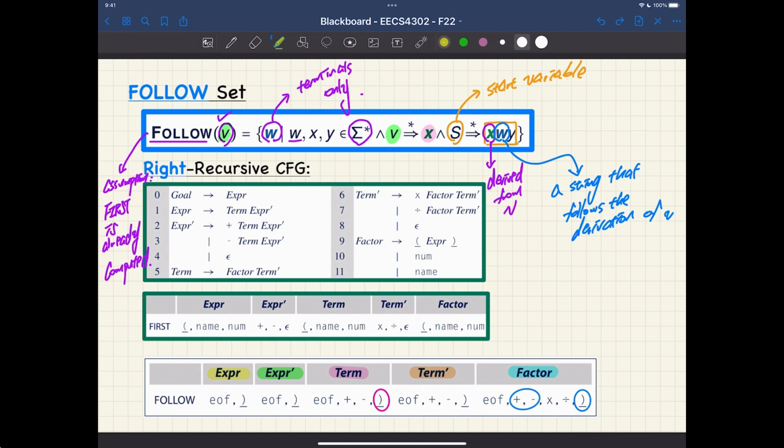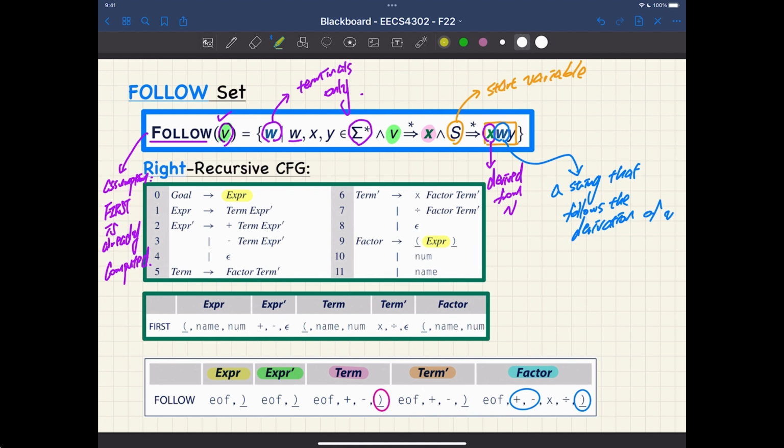Okay, let me make it thicker. The expression here, and we got another expression over here. Right, we got two occurrences. Only look at the right-hand side occurrence. You don't need to look at the left-hand side. Of course, it's a little bit different. Before, when you calculate the first set, you have to look at the left-hand side to look for the variable. But now for the follow, you have to look for their occurrences on the right-hand side. That's something to note.